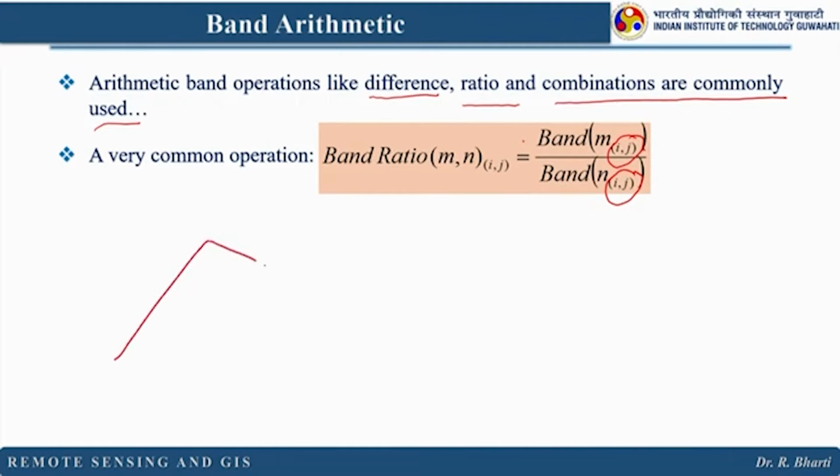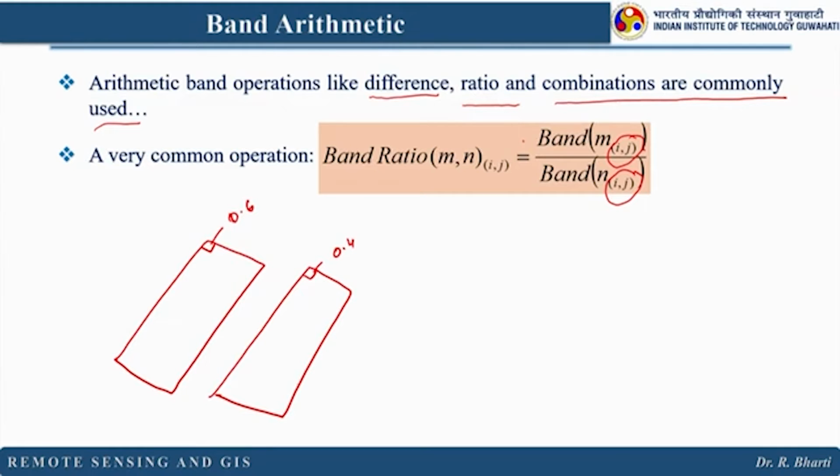This means if you use these two bands and the first pixel value you have extracted is, say, 0.6 and 0.4, and based on your logic you divide band 1 by band 2, your band ratio will be 0.6 divided by 0.4. This will highlight your target.